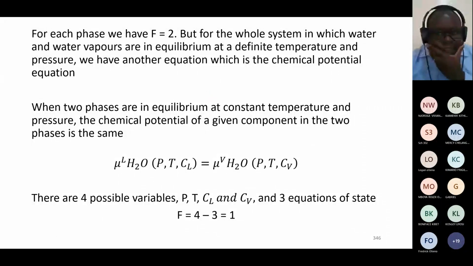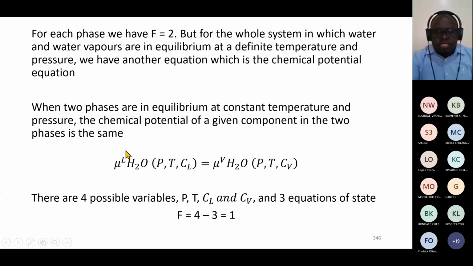Okay. So for the chemical potential equation, when you have two phases in equilibrium at constant temperature and pressure, the chemical potential of a given component in the two phases is the same. So this is the equation for chemical potential. So that is the chemical potential of water in the liquid phase equals to the chemical potential of water in the vapor phase.